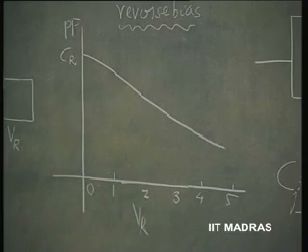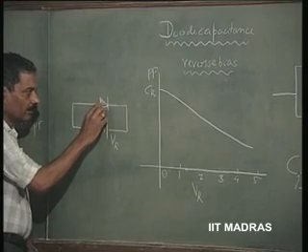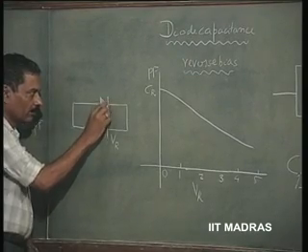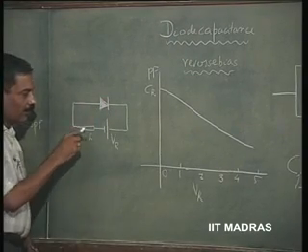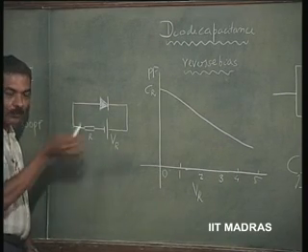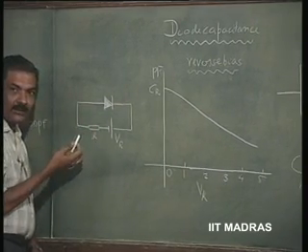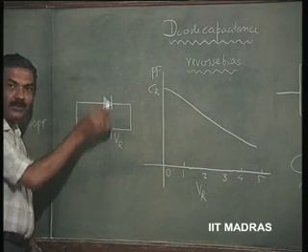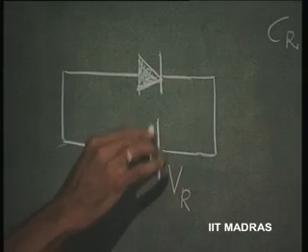I am now having the circuit here. This is our usual diode symbol, and I just put a resistance here saying that it is a network. This resistance is not going to matter now, because no current is going to flow through this, because it is reverse biased.